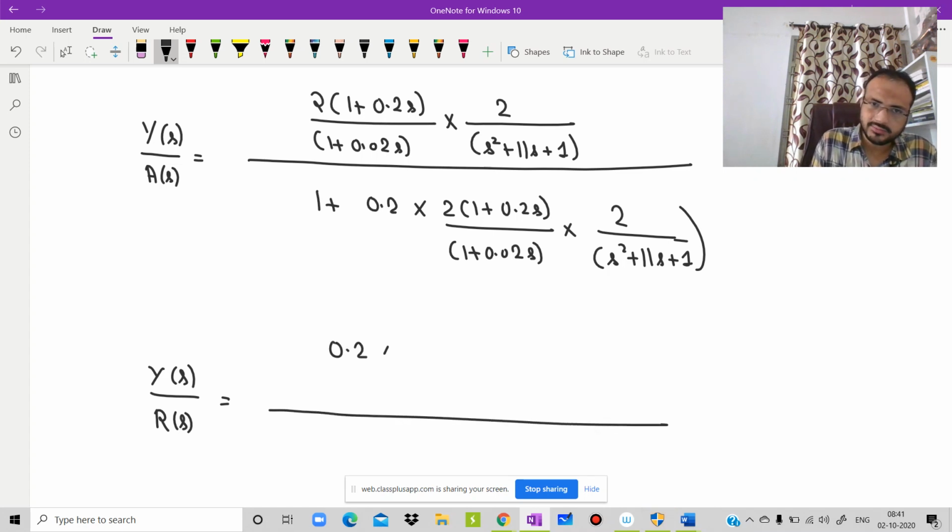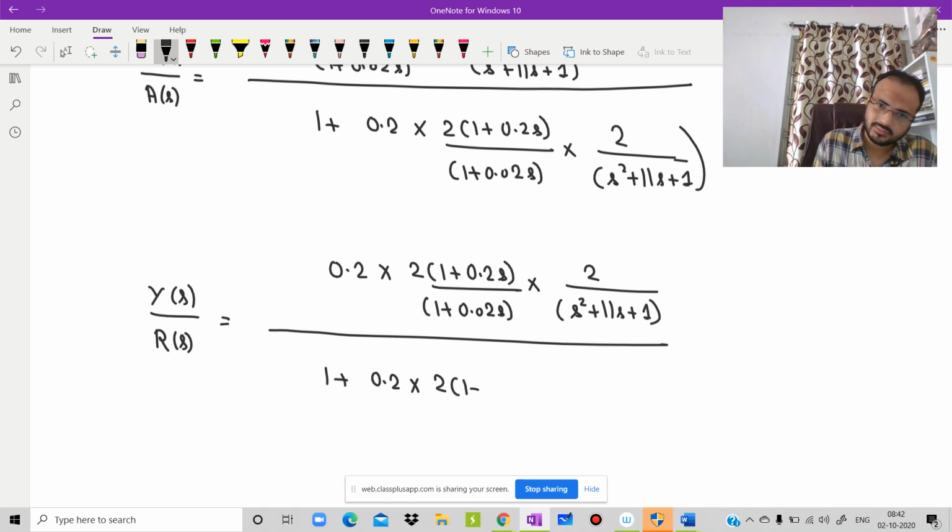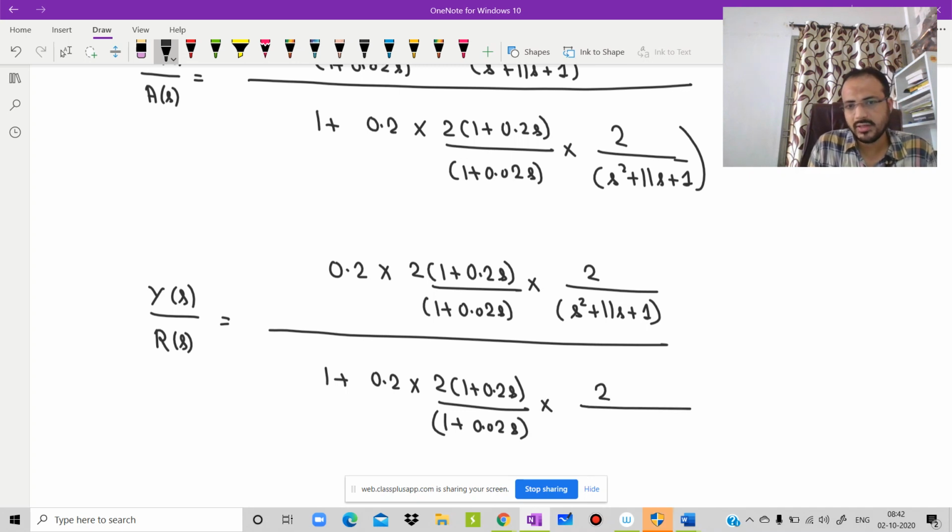You will write here 1 plus 0.2 into 2 by s square plus 11s plus 1.